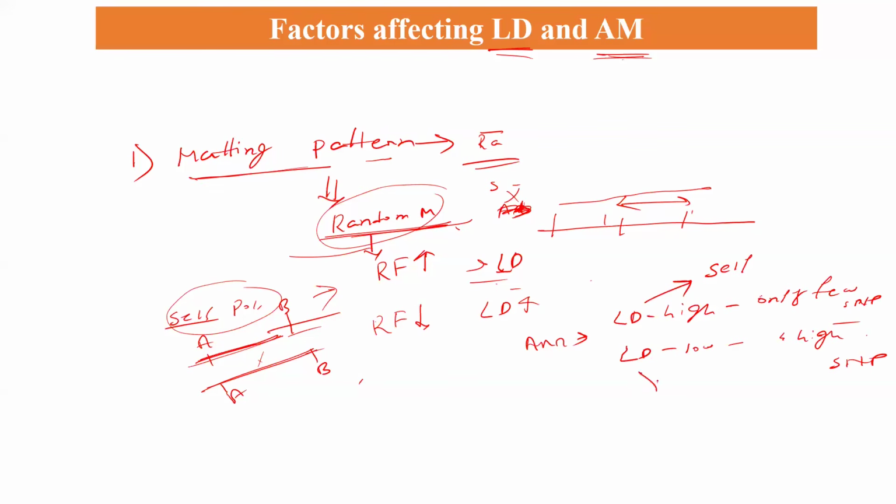LD low block size is found in maize, so in maize, if you want to do GWAS analysis, you should use more SNPs as compared to wheat or rice.